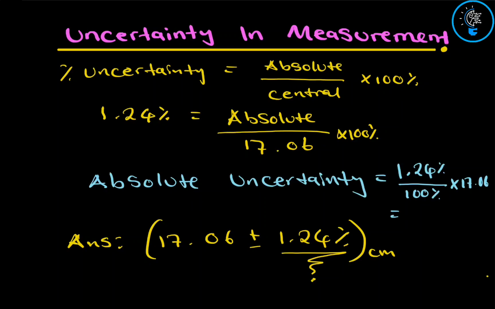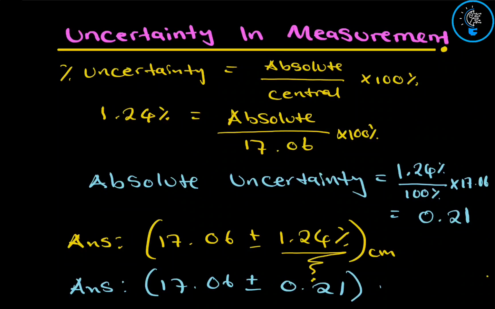And this part will give you this one divided by 100 times 17.06. That will be 0.21. So the other way of writing your answer is 17.06 plus or minus 0.21. So these are the two ways of expressing your answer.